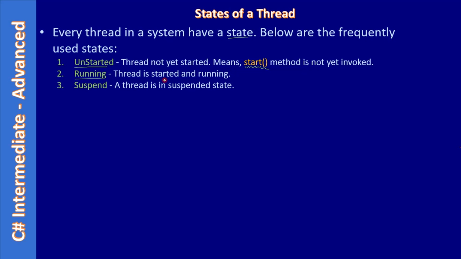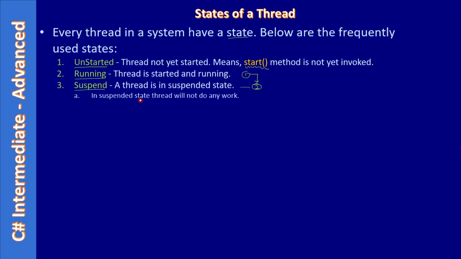Next, there is a state called suspended. A thread is in a suspended state in this case. That means when a thread is started and running, from state 1 it can transition to state 2, that means the suspended state. So a running thread can be suspended.